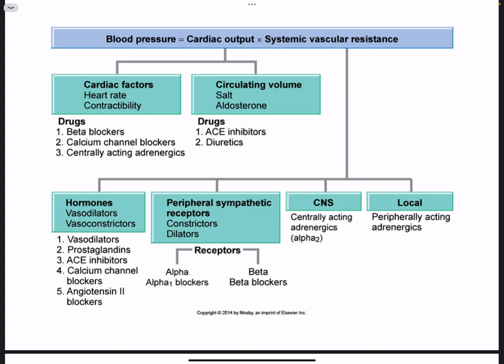Yeah, so calcium is very important in the cells and muscles for contraction. Contraction of the muscles or contraction of the cells, calcium plays an important role. So if you block the calcium channels, what will happen?